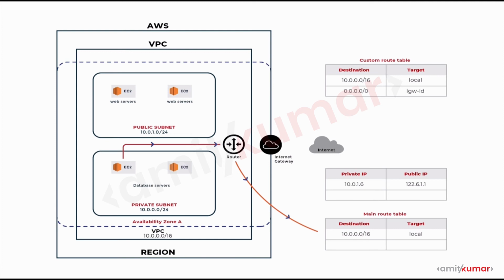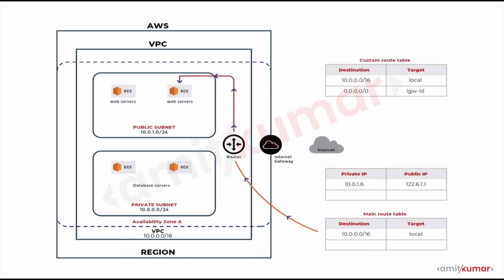Now, what if this EC2 instance wants to access some other EC2 instance within the VPC? There are some conditions that have to be met, but conceptually it is very much possible. The route table knows that this is meant for one of the instances in the VPC. So the target is local, and then the router reroutes that request to the EC2 instance for which it was made.